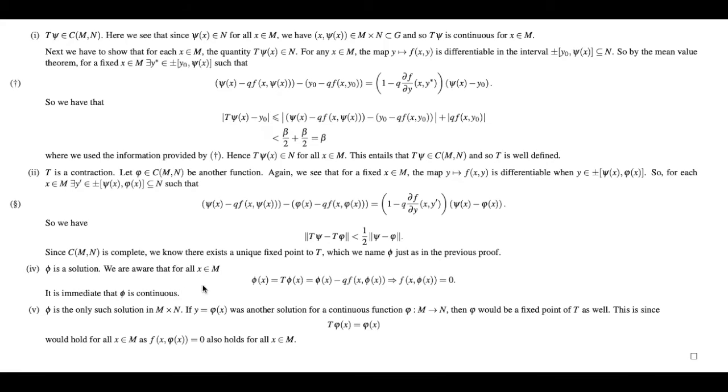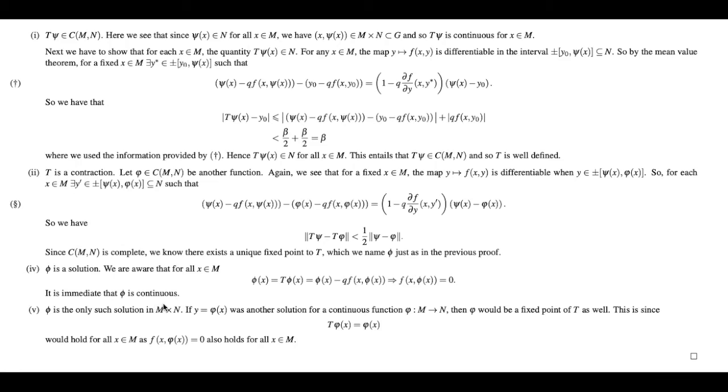So it implies that y equals phi of x is a solution to f of x comma y of x, because we're taking y to be a function of x.